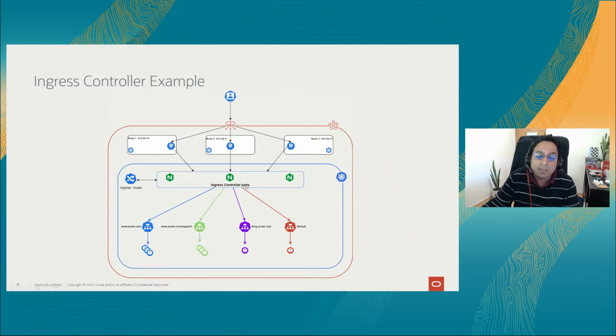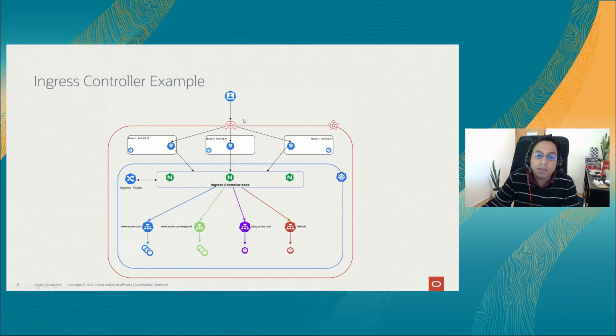Now, what's happening is that we deploy the ingress controller as a service of type load balancer. Because of this, the infrastructure provider, in this case OCI, is going to create an OCI load balancer automatically for you.